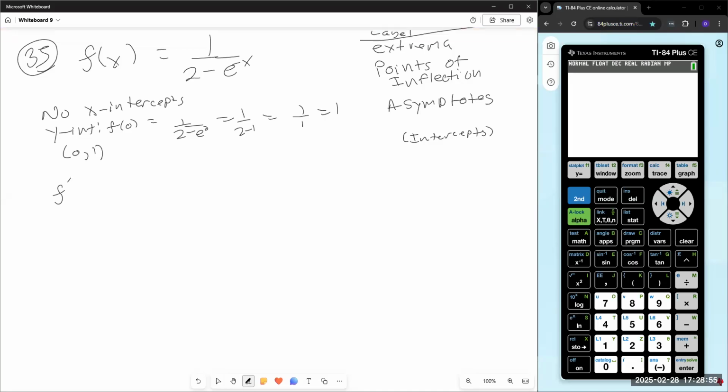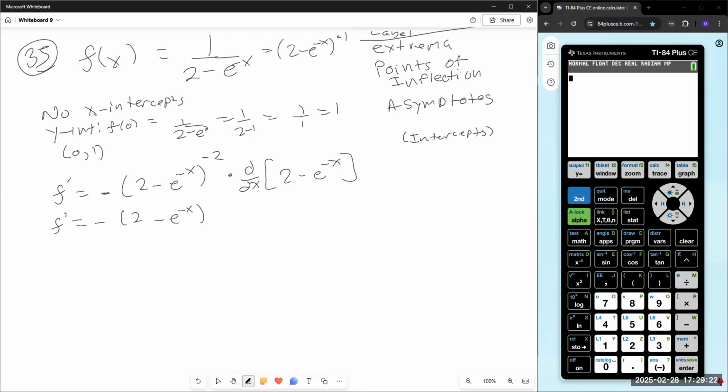Let's find my first derivative. I'm going to write this as 2 minus e to the negative x, to the negative first power. So I don't have to use the quotient rule here. This will be a negative (2 minus e to the negative x) raised to the negative second power, times the derivative with respect to x of 2 minus e to the negative x, which is 0 plus e to the negative x.